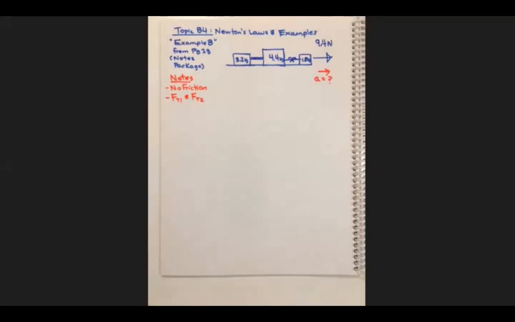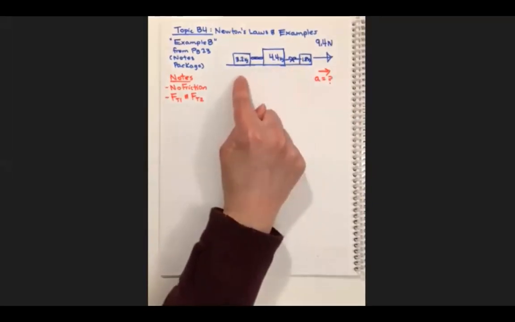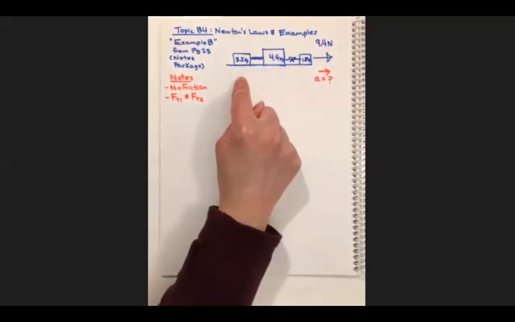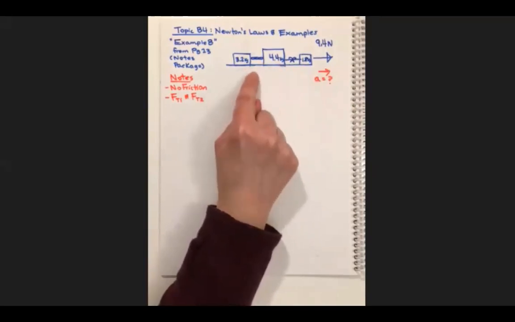In this question, we're asked for the acceleration of the blocks. Notice it doesn't ask for the acceleration of the first block or the second or the third, because all of the accelerations are together. We do have the assumption that there's no stretch in these ropes.